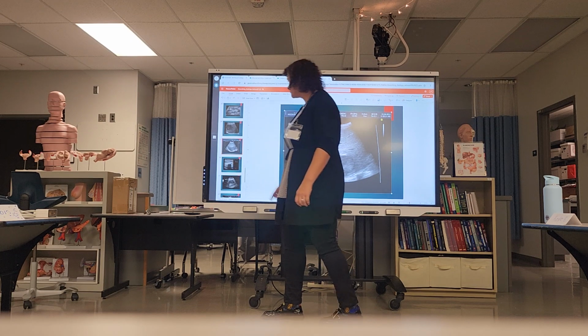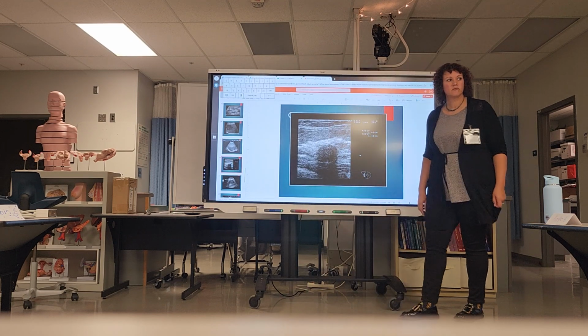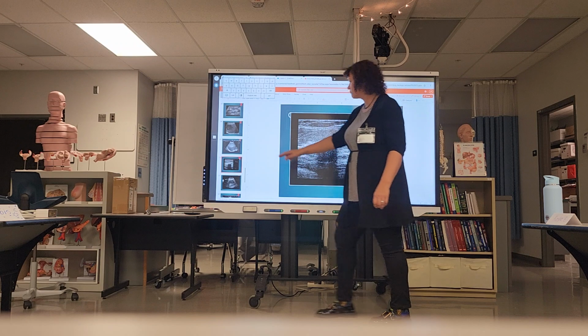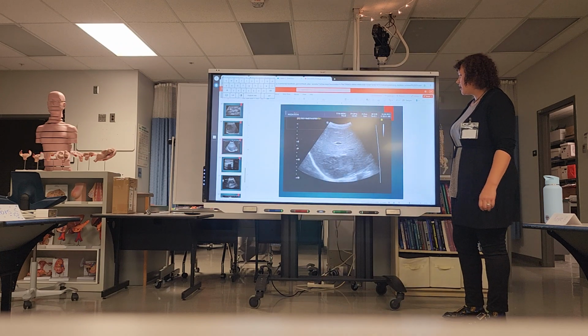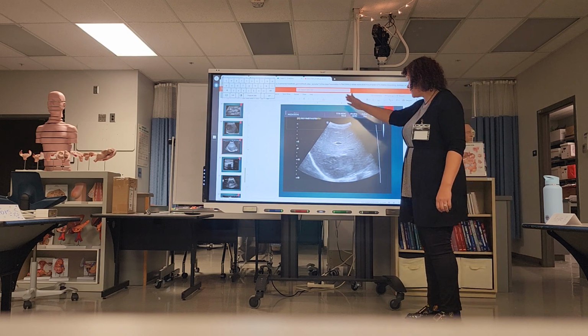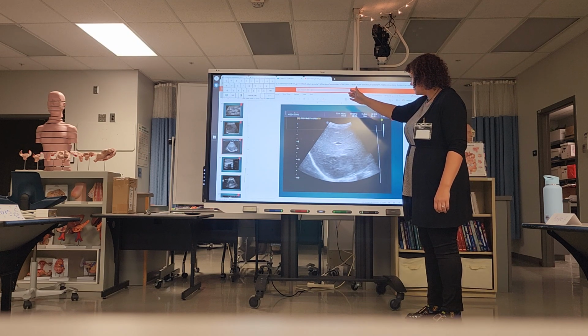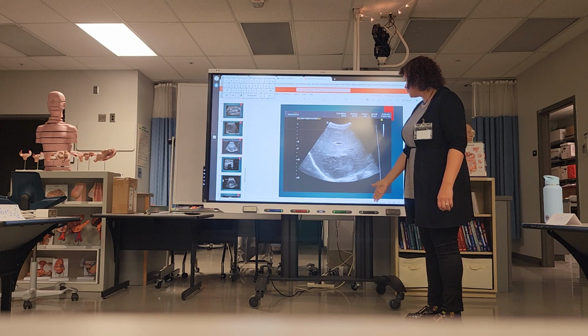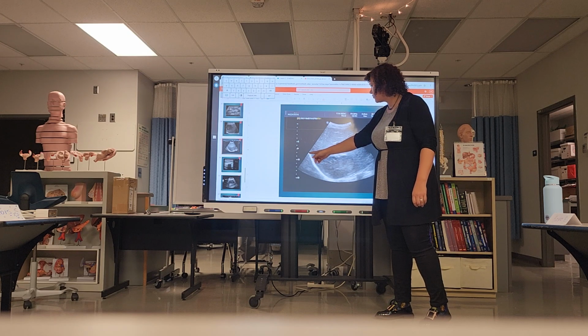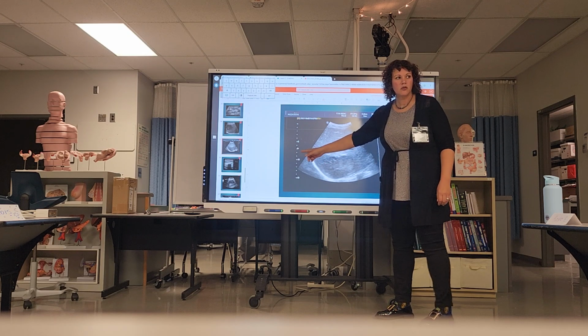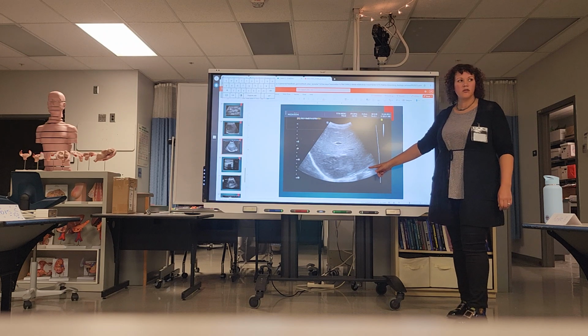Can you describe to me how that's viewing the diaphragm? I'm trying to think of it like the cut. How is the probe hitting it? So this is in sagittal, and this is your superior diaphragm, and then this is inferior. Does that make sense? Kinda.